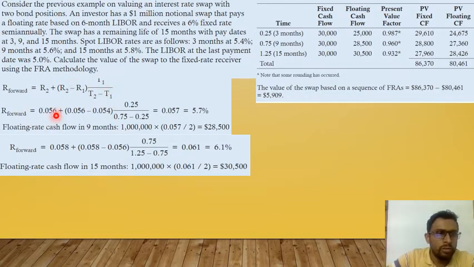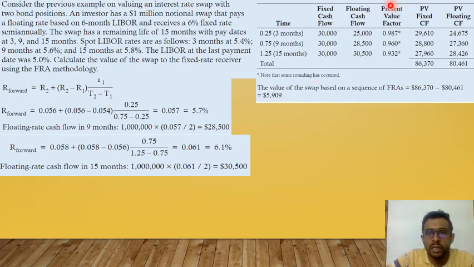So R forward is equal to 0.056, which is the 9 months rate, plus (0.056 minus 0.054) into 0.25, which is 3 months divided by 12, divided by (0.75 minus 0.25), that is 9 months minus 3 months, which gives 5.7 percent. 5.7 percent of 1 million divided by 2 is 28,500, and similarly we calculate for the 15 months, which comes to around 6.1 percent, and our cash flow will be 30,500 based on 6.1 percent.